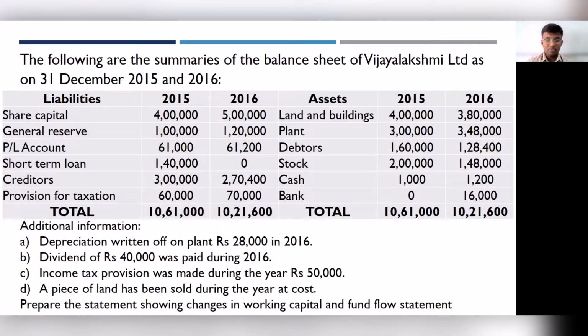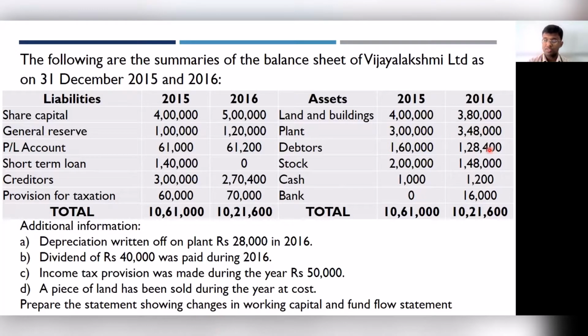Now, let's quickly visit the adjustments that have been given. We've been told depreciation written off on plant is 28,000. Your opening balance on plant is 3 lakhs, which is clearly given to us over here. From 3 lakhs, you are writing off 28,000 as depreciation, which means it should be 3 lakh minus 28,000.